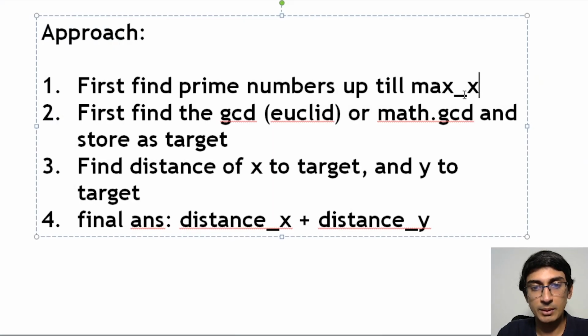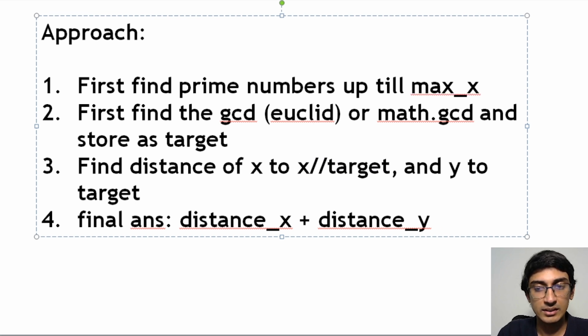So find prime numbers up till max x, find the Euclid or the GCD, using math.gcd or the Euclid thing, and store it as target. Find distance of x to target, and in fact not even x to target, x divided by target, and y divided by target.